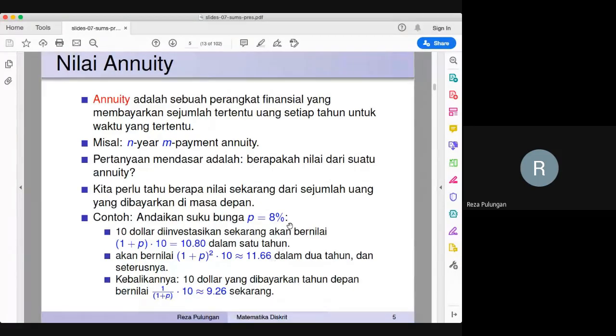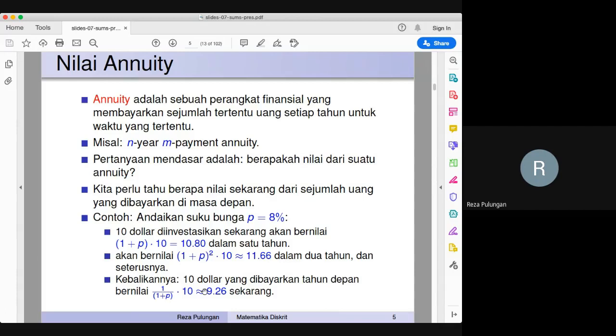Now, let's look at the reverse. If somebody were to pay me $10 next year, then the value right now is actually not $10. The value is equal to 1 divided by 1 plus P multiplied by 10, which is around 9.26 right now. This is what I mean by the value of an annuity. So why is it like that?